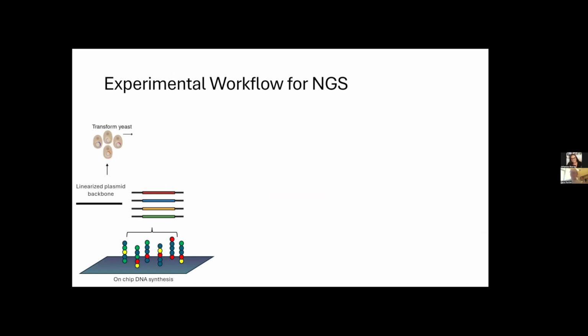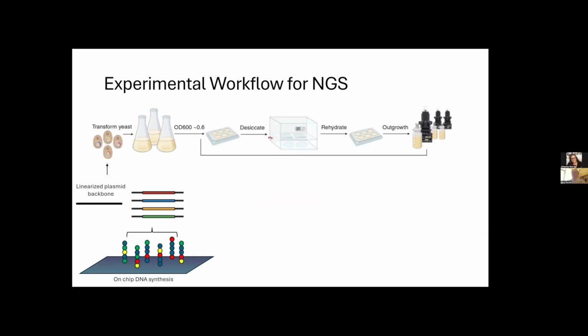Yeast are really good at picking up DNA, so they actually recombine it in vivo. Then I grow up this transformed library. I desiccate it in a humidity controlled chamber for 8 hours on filter paper. And then I rehydrate it and monitor its outgrowth.